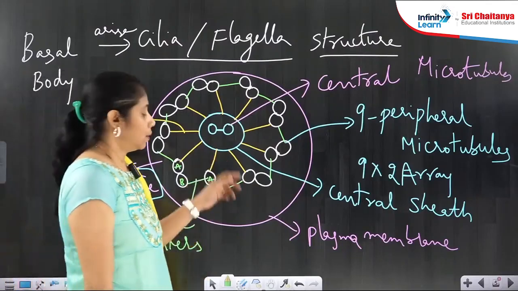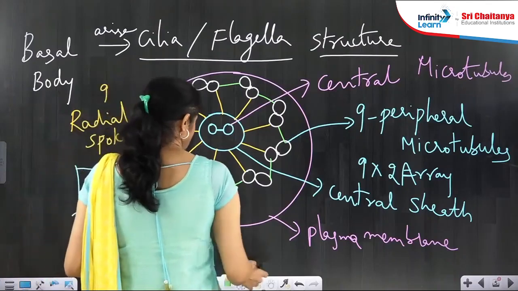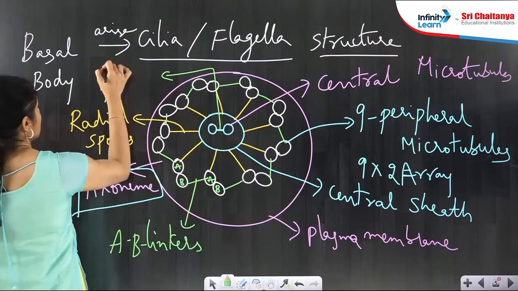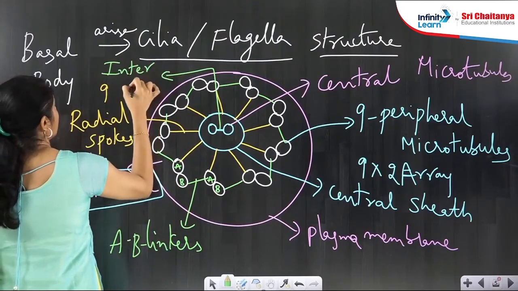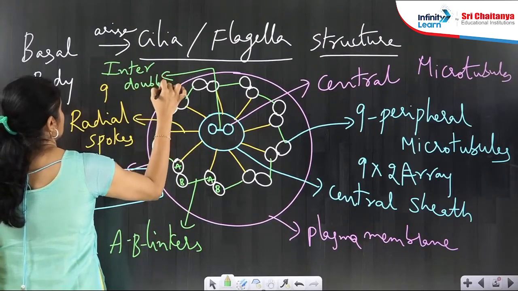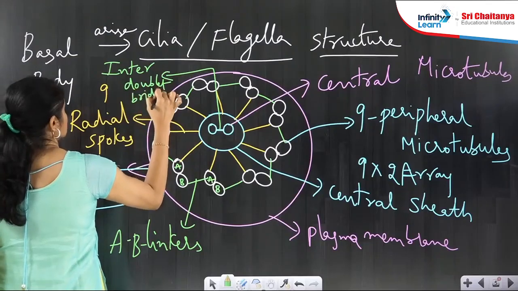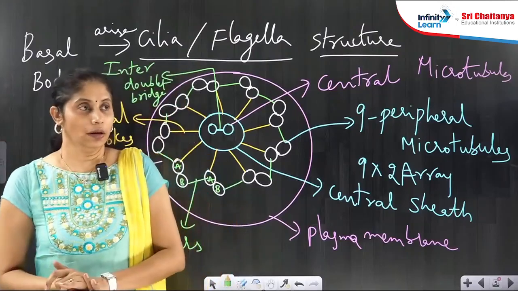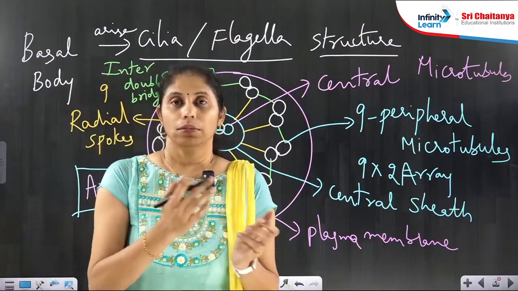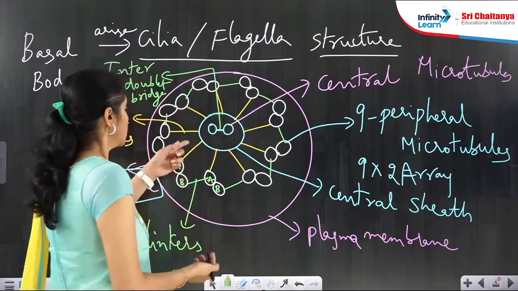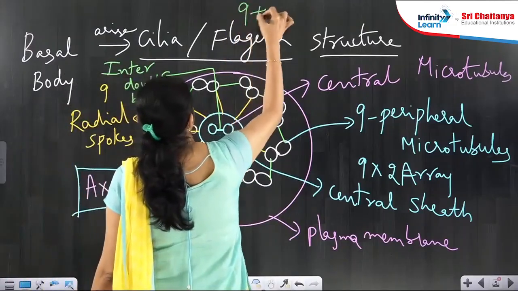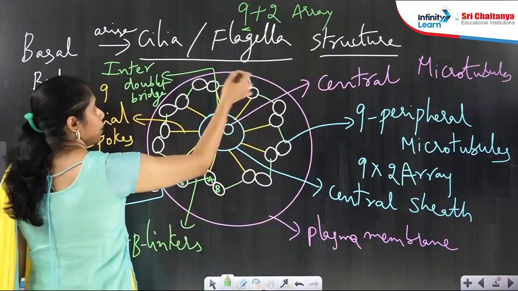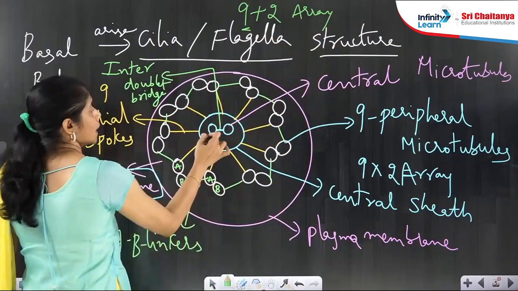Then, the central microtubules are also connected. This is called the interdoublet bridge. So, in the cilia or flagella we have the 9+2 arrangement, because this kind of arrangement is always called a 9+2 array, where you have 9 peripheral microtubule doublets and 2 central microtubules.